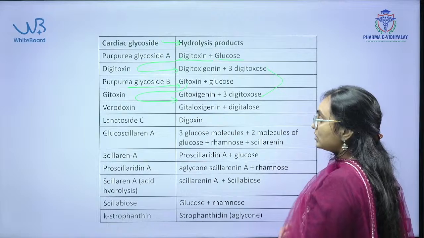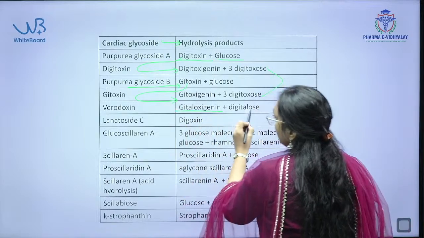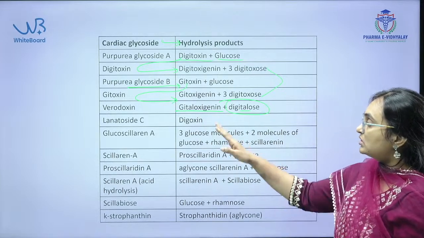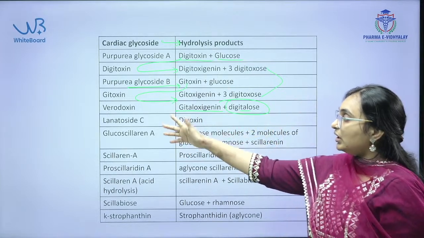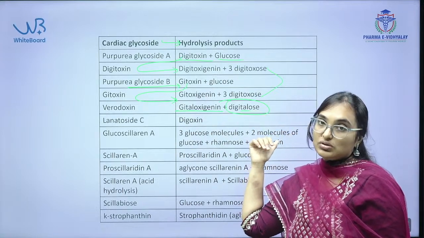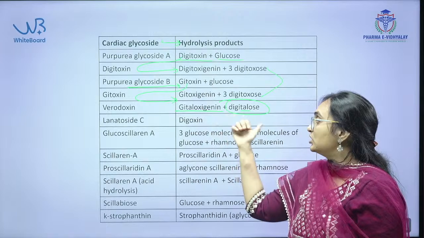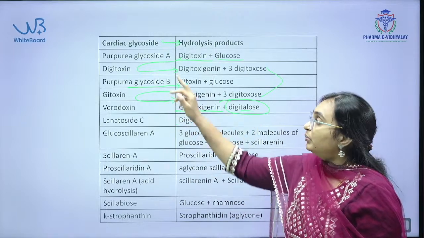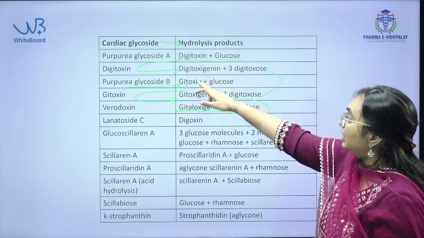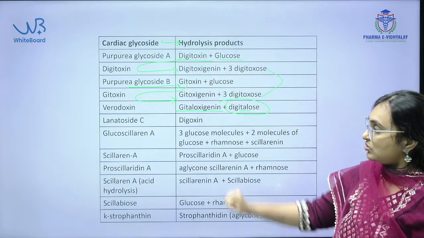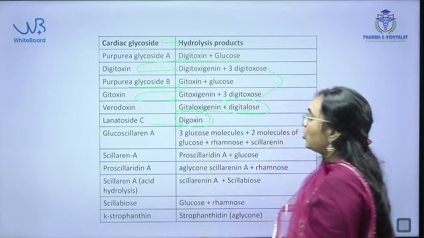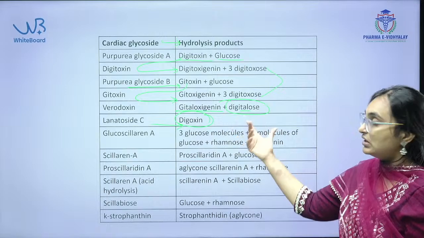Okay. Next, viridoxin gives acetyl-gitoxigenin plus digitalose. Which of the following cardiac glycosides consists of the sugar molecule digitalose? That means in its structure digitalose is present, viridoxin. In purpurea glycoside A, glucose, and in digitoxin it is digitoxose. Lanatoside C consists of digoxin. Okay, everything is unique.